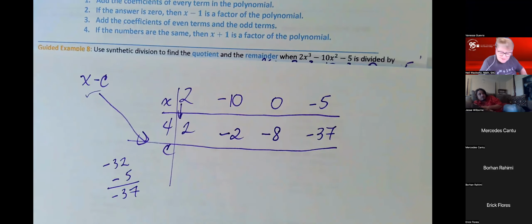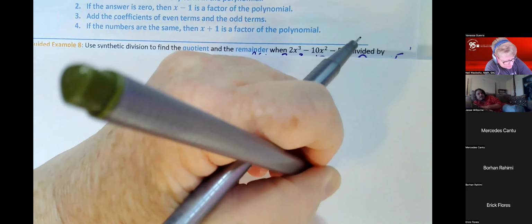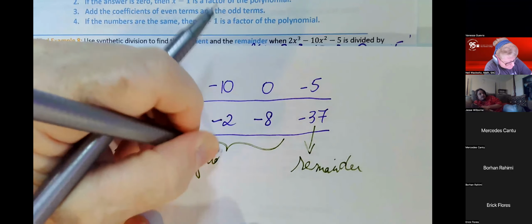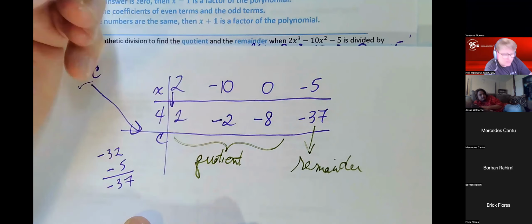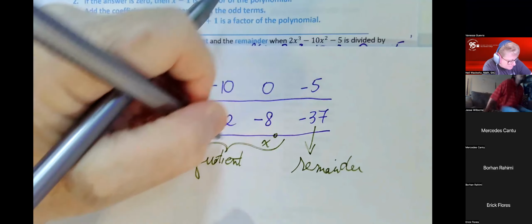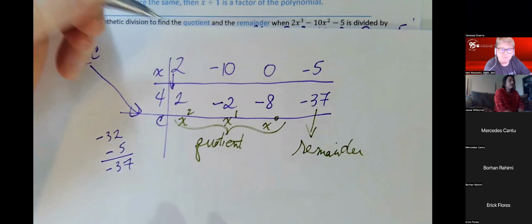And here's how we read this answer. The last value is the remainder. The other values are the quotient. Starting at the right of the quotient, we have x to the 0, then x to the first, x squared, and we continue.